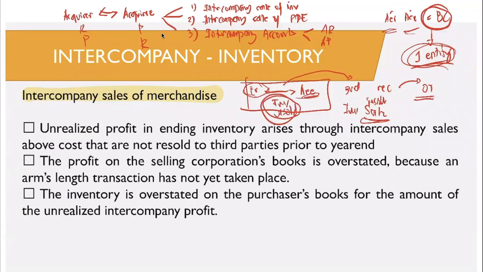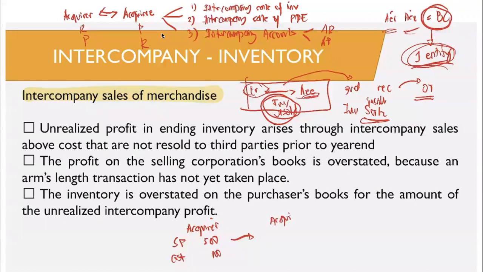So let's say acquirer and acquiree. The acquirer sold to the acquiree for 500 pesos. The cost is 100 pesos.